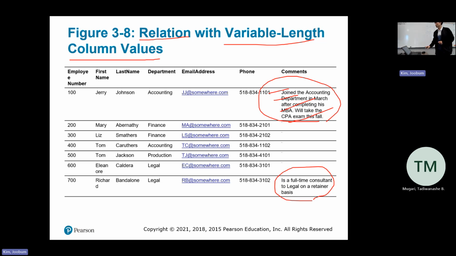We don't have to split like this one to get the meaningful value. So a little bit weird, but this is a relation with a variable length column. Make sense? Okay.